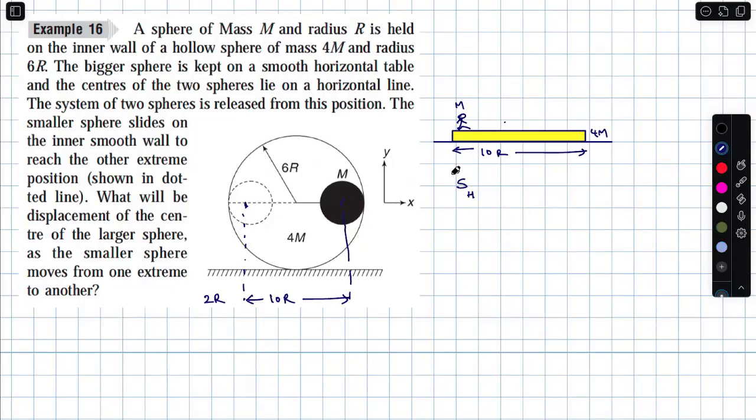The displacement of the hollow sphere is minus M by M plus 4m times the displacement of the solid sphere with respect to the hollow sphere, minus M by 5M times 10R minus 2R. So it will experience a leftwards displacement by an amount. How much?